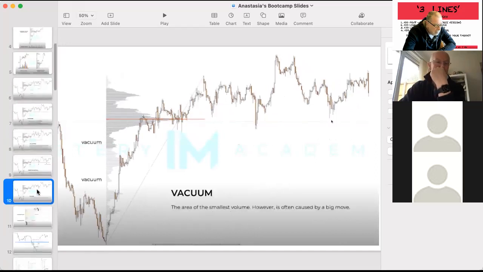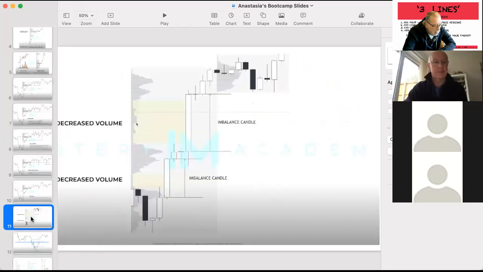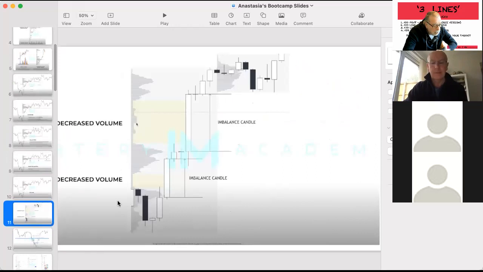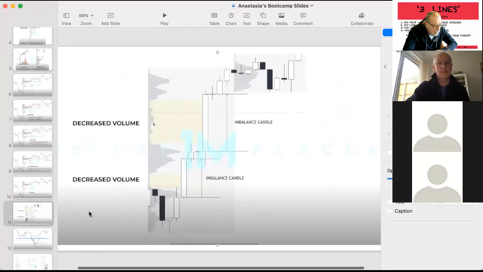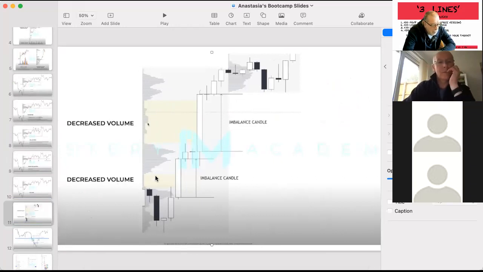I'm trying to get to the next phase. We've already talked about the vacuum areas, and what she is, I'm not sure if I can. Oh, there, yeah. You've got decrease. This is a vacuum area, and this is a bigger vacuum area.